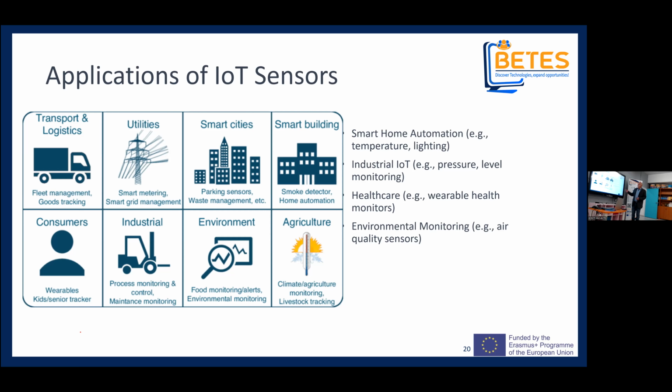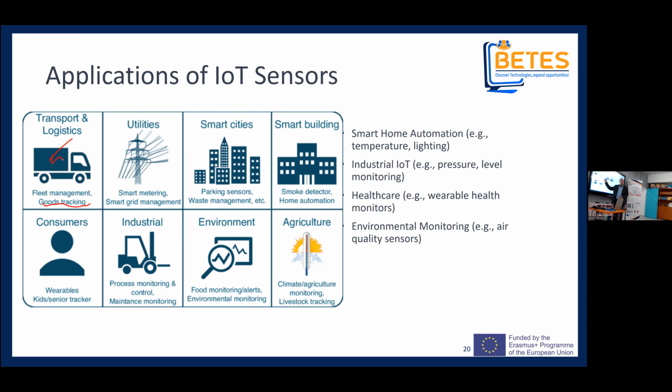So these IoT sensors, we can install them for transport and logistics. For example, in a car, measuring the GPS, the speed of the car, to measure the temperature within the lorry.